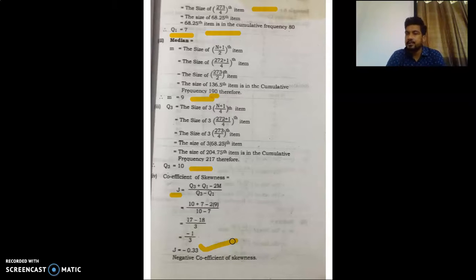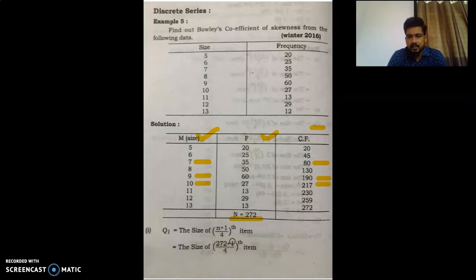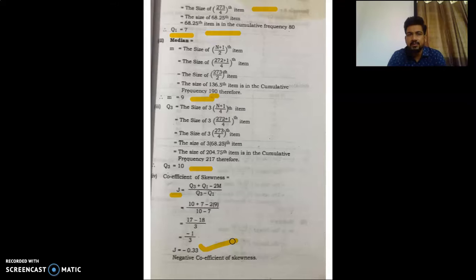So this is a problem where we had the answer in negative. So there is a negative coefficient of skewness. So this is the entire problem, where we had the discrete series, we tabulated the data, we prepared the cumulative frequency, then we calculated Q1, the answer was 7, then we calculated Q3, the answer was 10, then we calculated the median, the answer is 9, and then we put the values in the formula (Q3 plus Q1 minus 2m) divided by (Q3 minus Q1), and we had the answer minus 0.33.